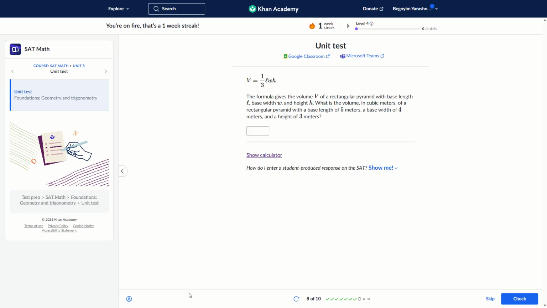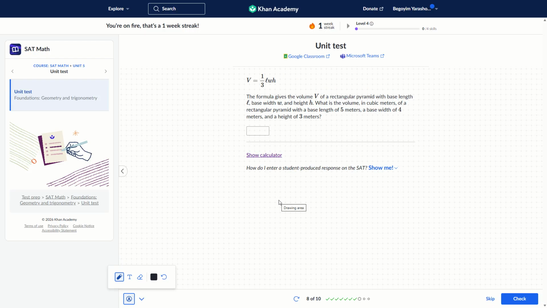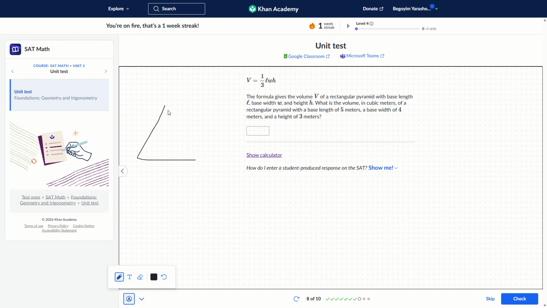Yes. Next. The formula gives the volume of a rectangular pyramid. The pyramid looks like this. It's not perfect. It is H, which is height, W is width, and L is length.